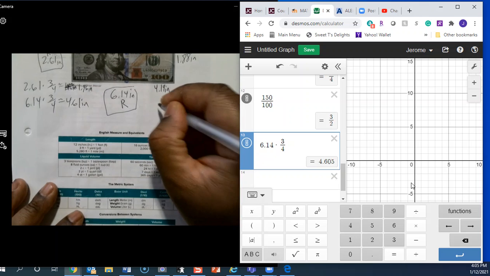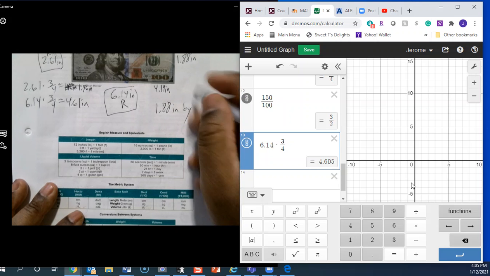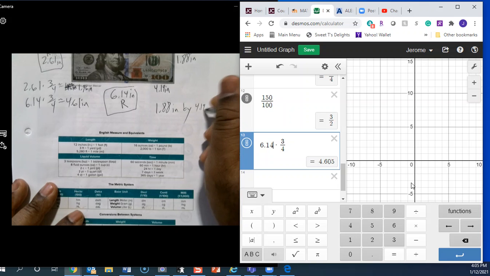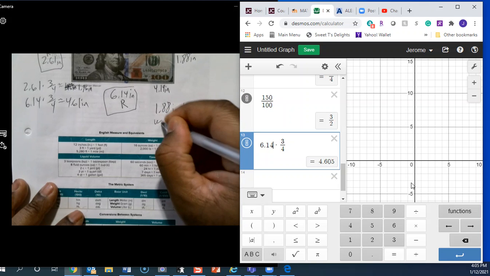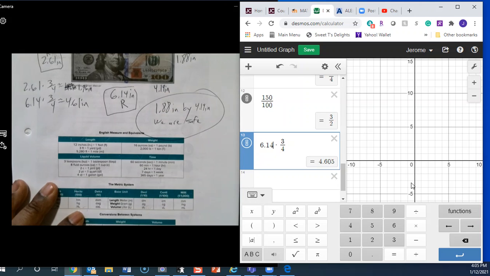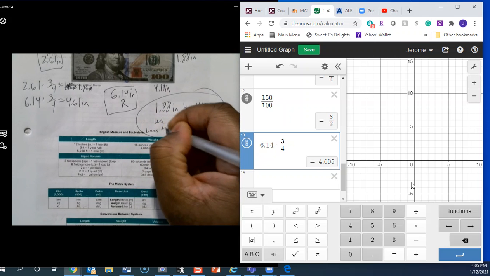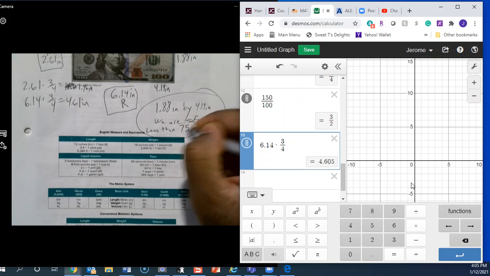So this is 1.88 inches by 4.19 inches. So we are safe because it's less than 75%.